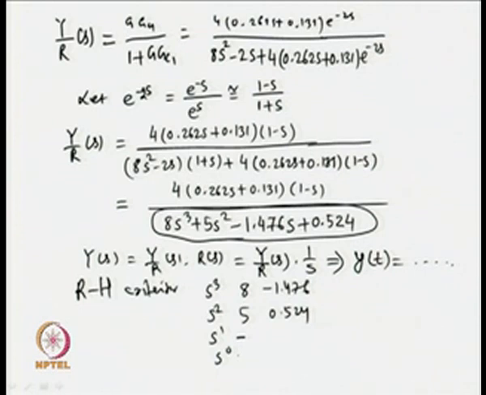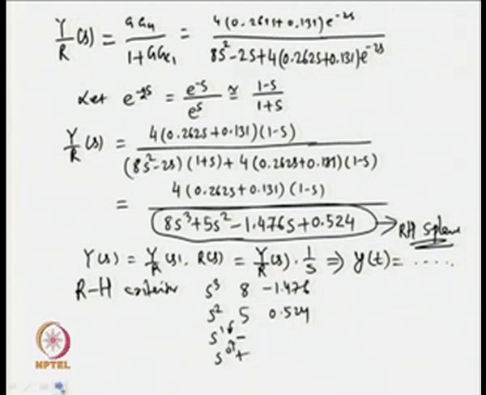It may come as a positive value, suppose. In spite of that, there will be two sign changes here, implying that there will be two roots of the polynomial located in the right half of the s plane. Thus, the response will be unstable.